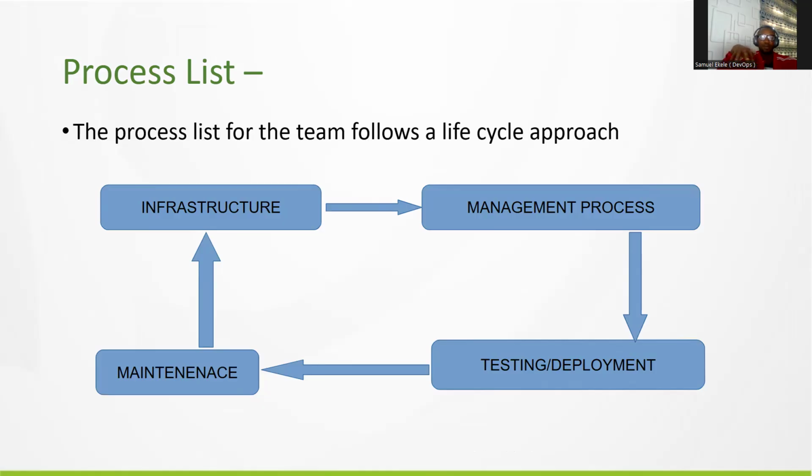This life cycle includes infrastructure setup and management, the management process itself, testing and deployment, and finally, ongoing maintenance. Each of these stages is clearly documented and structured to ensure consistency, accountability, and high service quality.